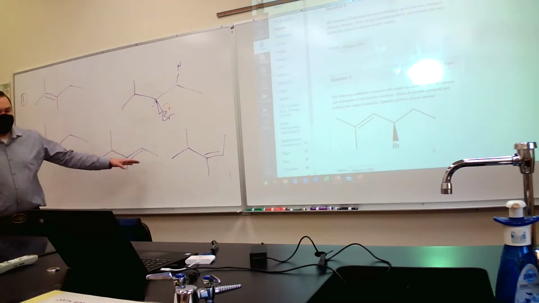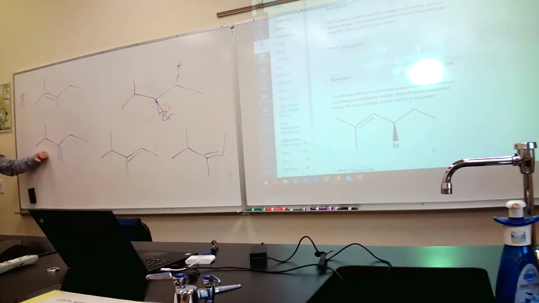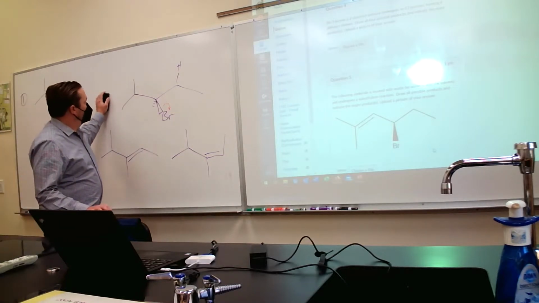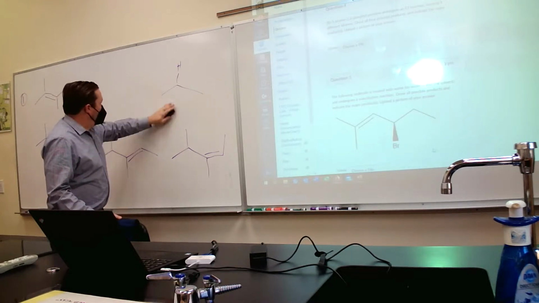But they're going to be in roughly the same amounts compared to these others, and our least common product is going to be the terminal alkene, the one that only has 2 substitutions. Yeah, we'll leave that for now.